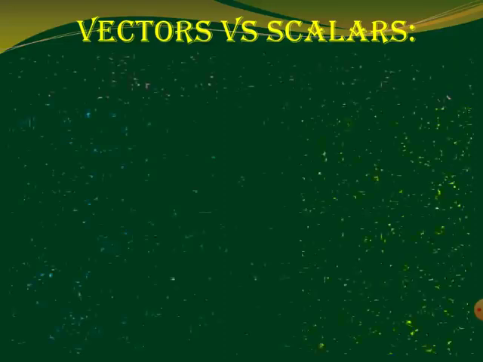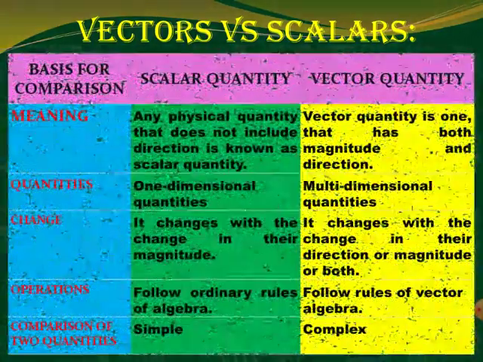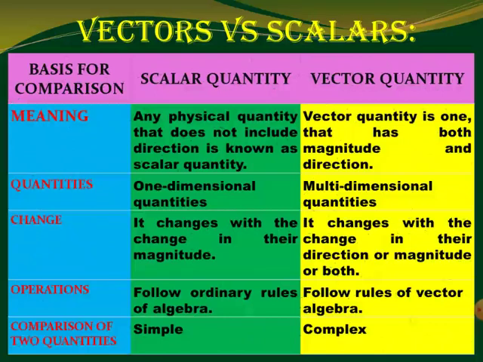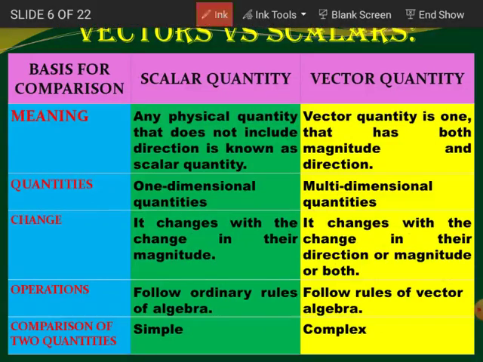Now let's see the differences between the vector quantity and scalar quantity. Let's look at the definition or meaning of these two. Any physical quantity that doesn't include direction is known as a scalar quantity. That means a physical quantity which can be specified by magnitude alone, we call it a scalar quantity.